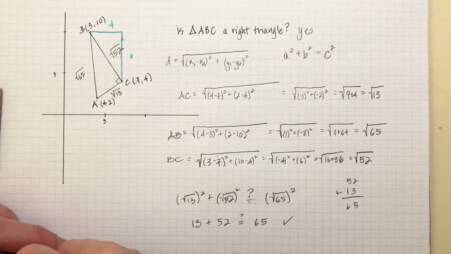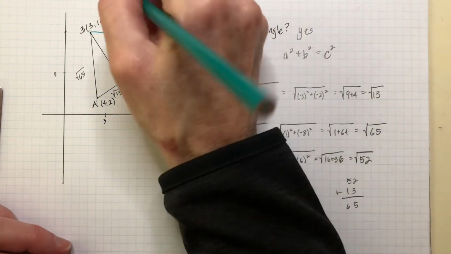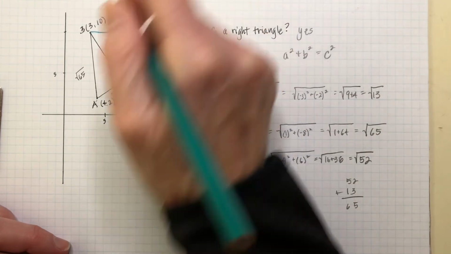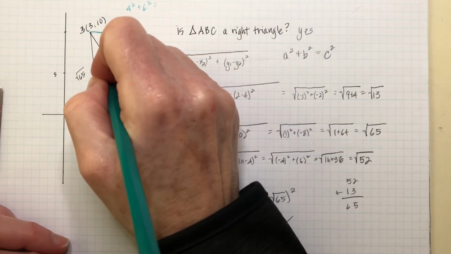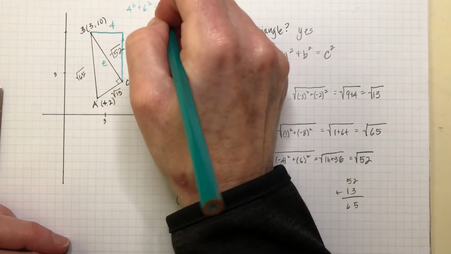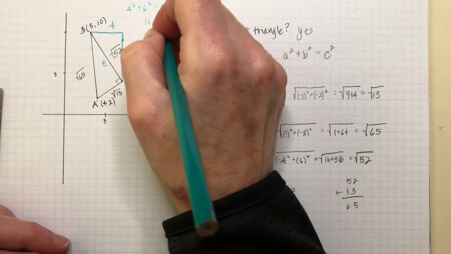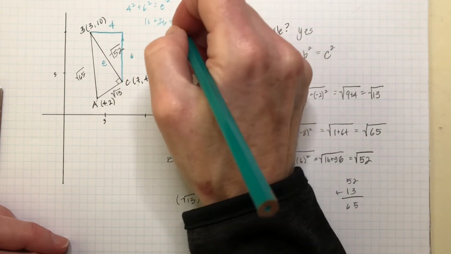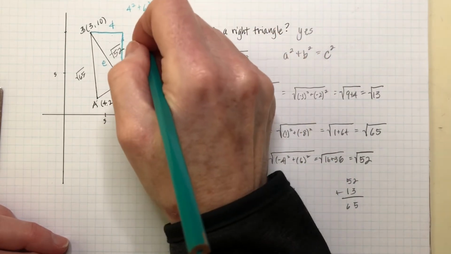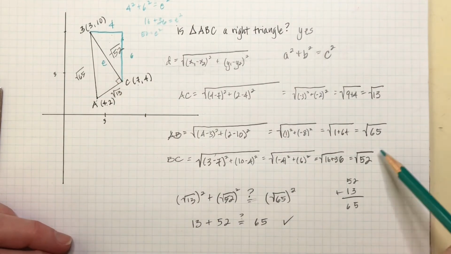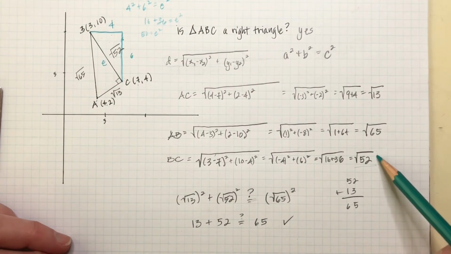And then I could determine that's going to be 4 squared plus 6 squared equals, let's call this e squared. Well, that's 16 plus 36 equals e squared, which is 52 equals e squared. And then e would be the square root of 52. But look, that's exactly what we got over here.